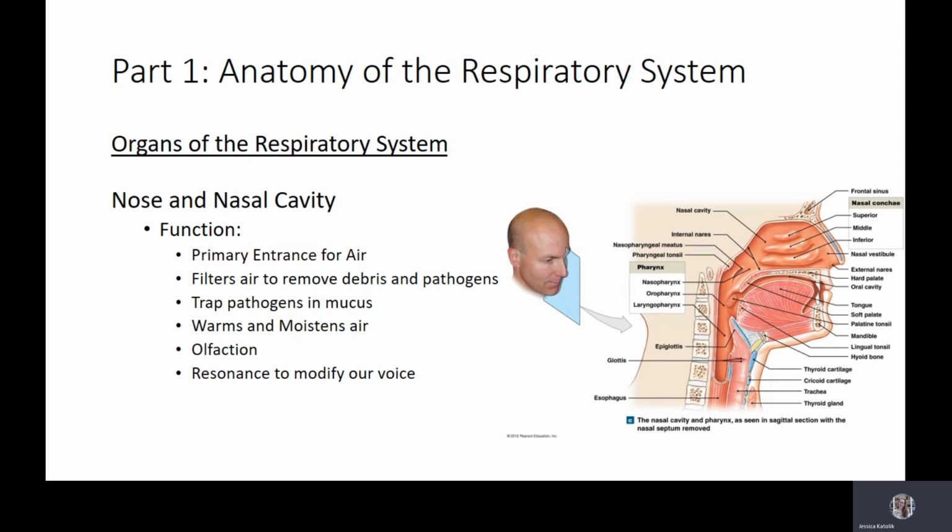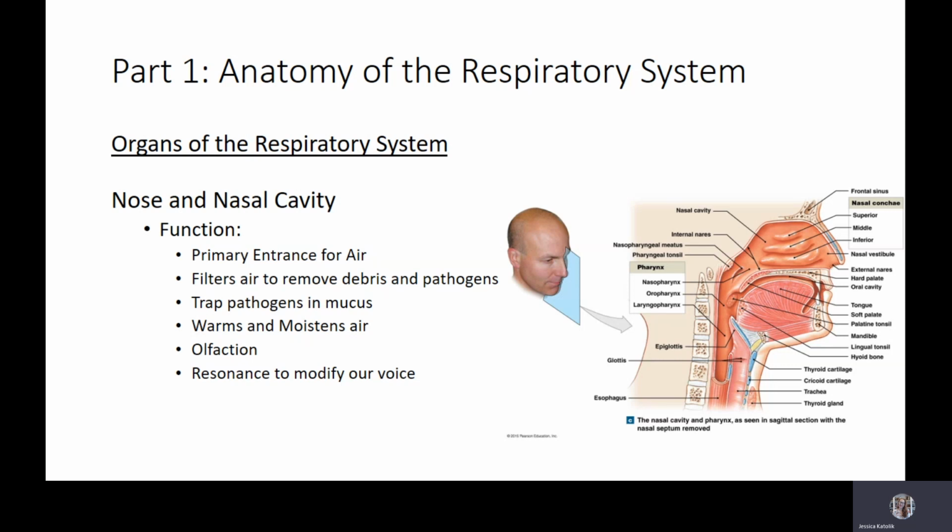Anyone who's had a sinus infection or a stuffy nose may be aware of this, that your voice is going to sound a little bit different when you are sick, because it's not going to vibrate the same way as it normally would. So it's going to alter the sound of your voice.